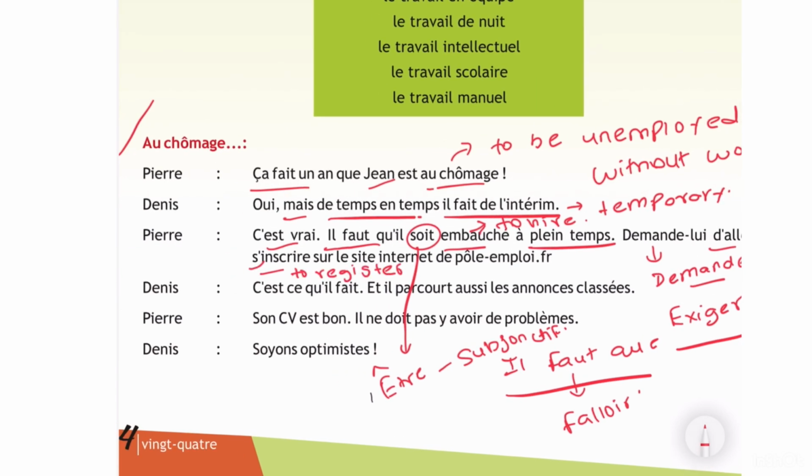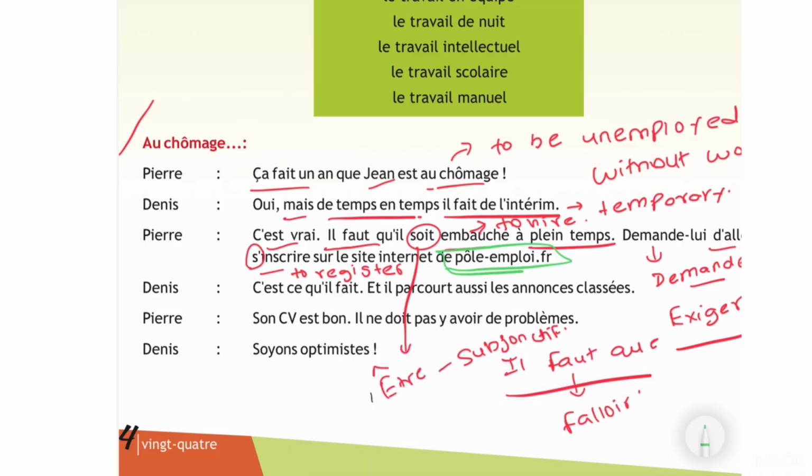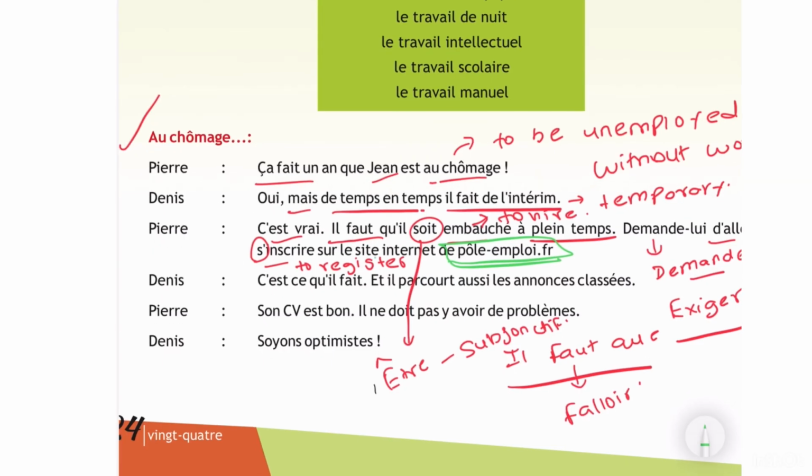It's a pronominal verb, that is to register himself. Where? On an internet site. What is the name of this site? It is Pôle emploi.fr. It is extremely important. Another thing you'll see is that even though site ends with E, it is le site. It is an exception. And this is the name. So you might get a question for someone who is unemployed, that is au chômage, what should that person do?